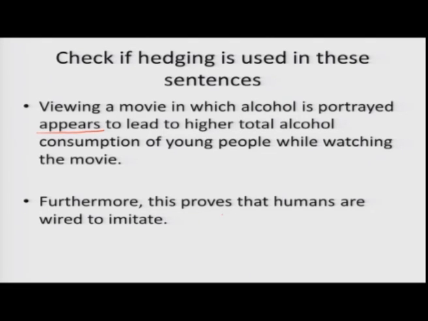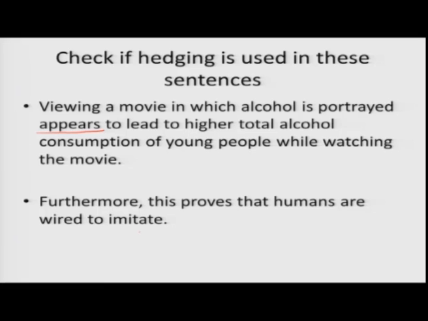Look at the second example. Furthermore, this proves that humans are wired to imitate. Is there a hedging device here? The author has probably given some example, there is some evidence, and then on the basis of that the claim is that humans are wired to imitate.